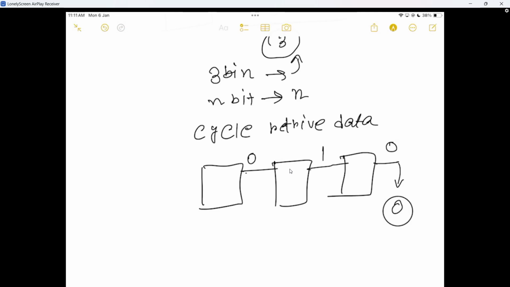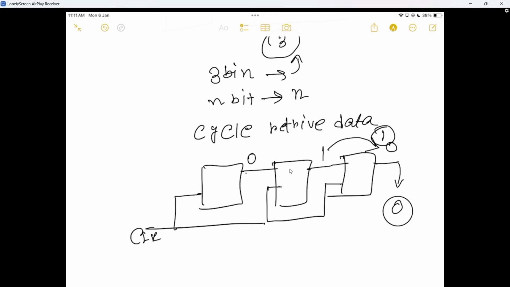Next we need to put one clock cycle to retrieve this data 1, and that time this data goes to this flip flop input, and another clock is required to retrieve the last data.